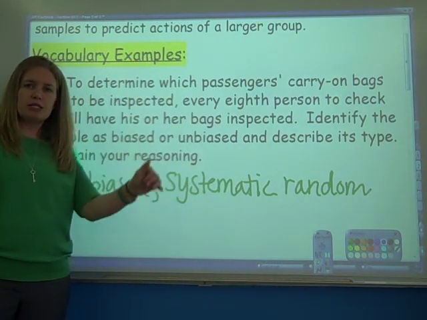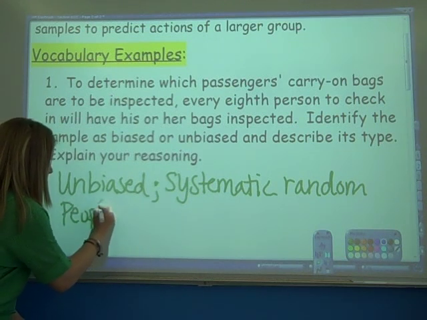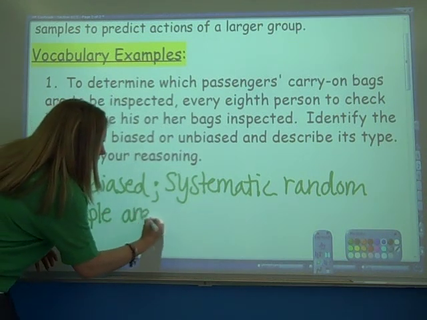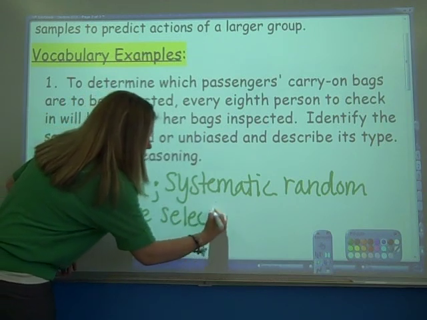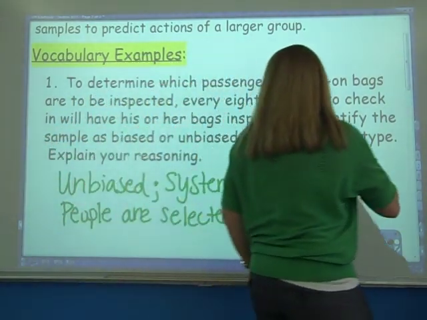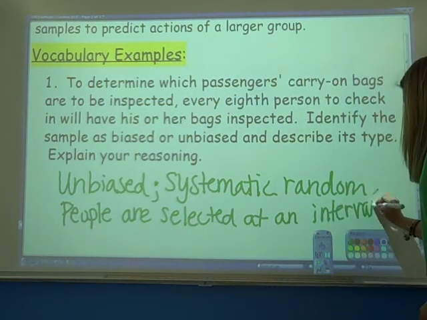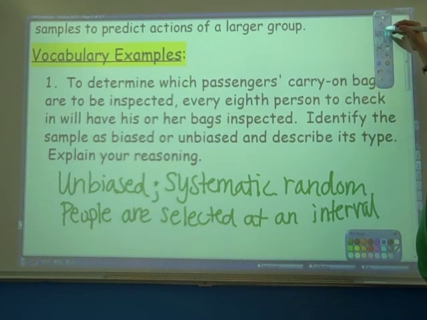Well, because people are selected at an interval. Okay, so this is the first problem. Let's try another one.